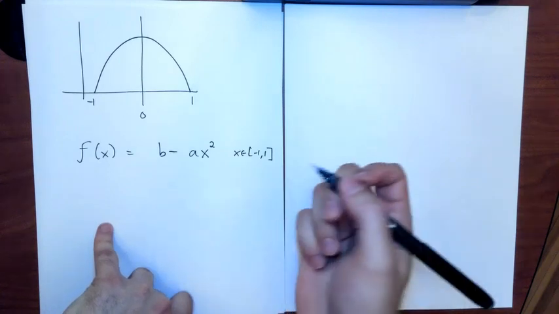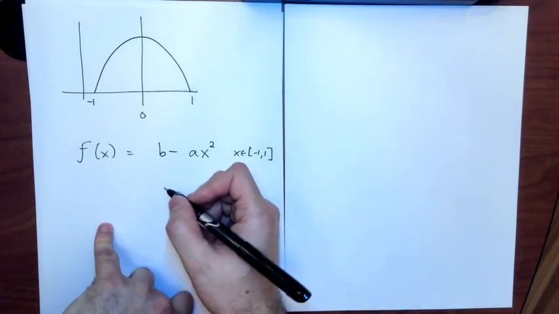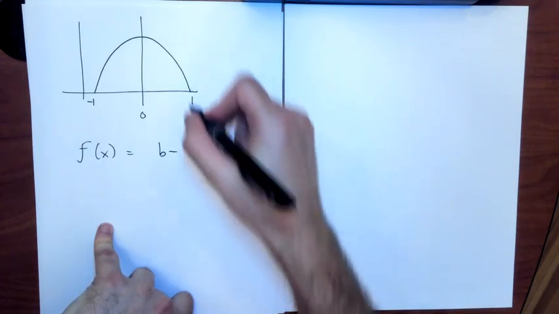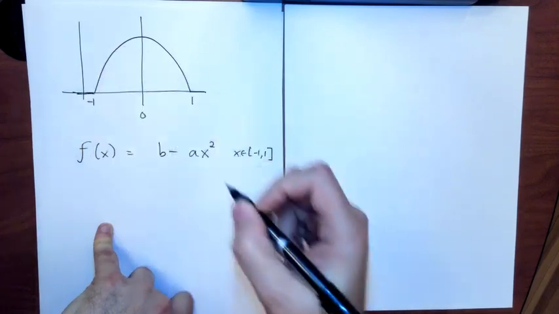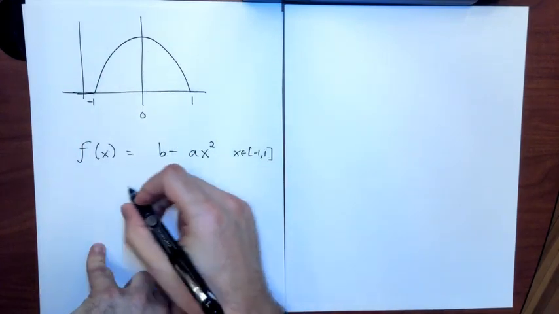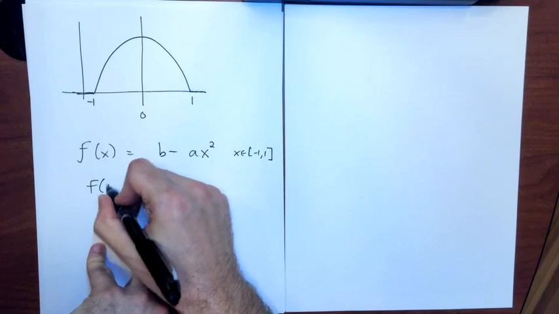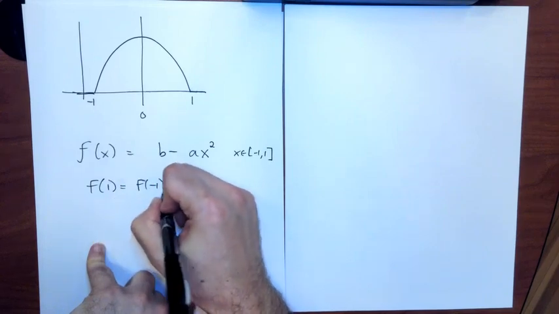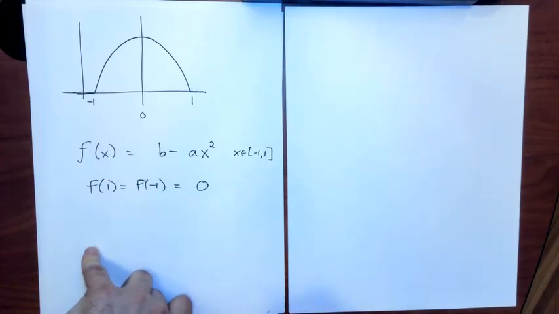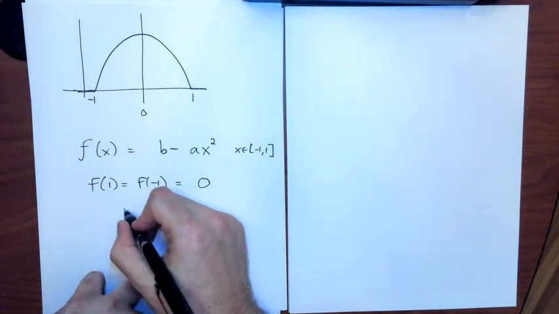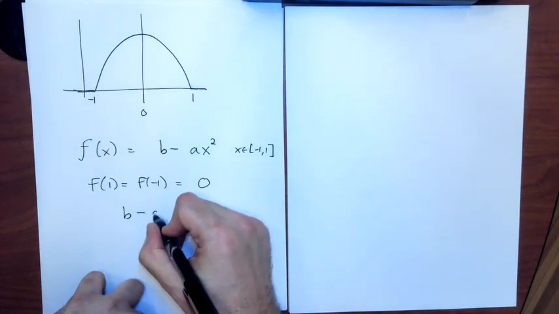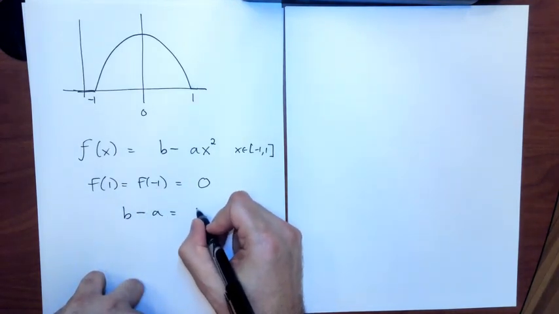So I guess I can fix this by saying that when x is at 1, right? It's like saying that I know that f of 1 and f of -1 have to be equal to 0. So that means that b minus a has to be equal to 0.